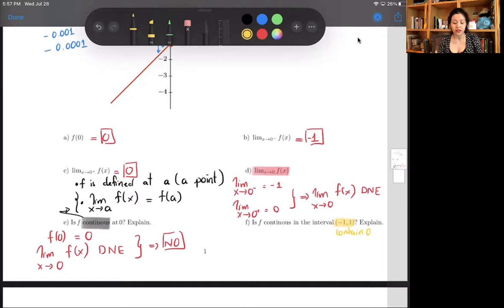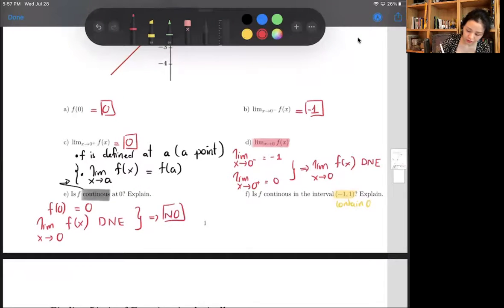If f is continuous on the interval from -1 to 1, it has to be continuous everywhere in that interval. But in part E, we showed that it is not continuous at 0, and 0 is between -1 and 1. So the answer is no, because f is not continuous at 0.